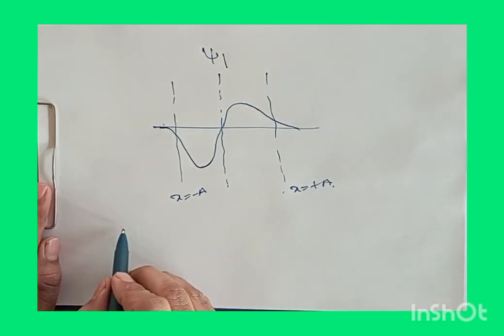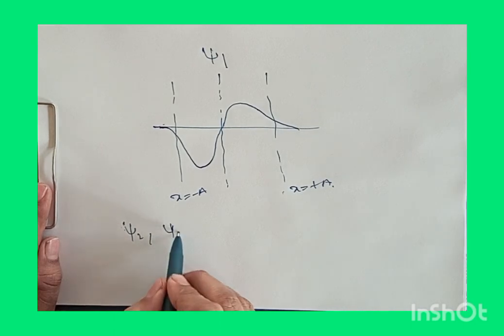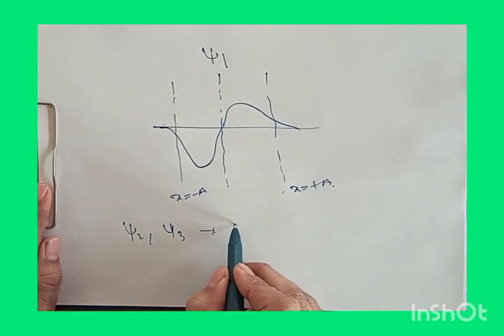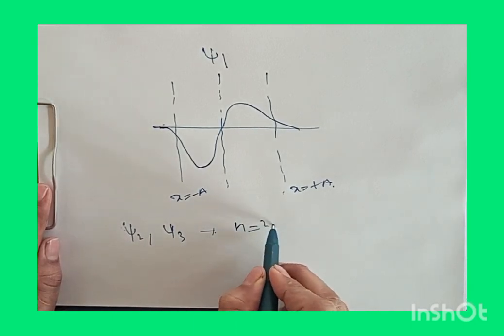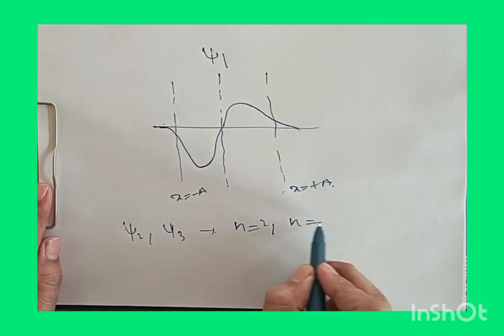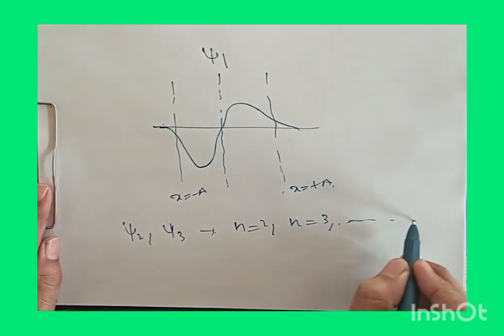So this is giving me the wave function for the first excited state of this harmonic oscillator, and under similar considerations we can have psi 2, psi 3, and in every case you will have n equal to 2 for psi 2, n equal to 3 for psi 3, and so on and so forth.